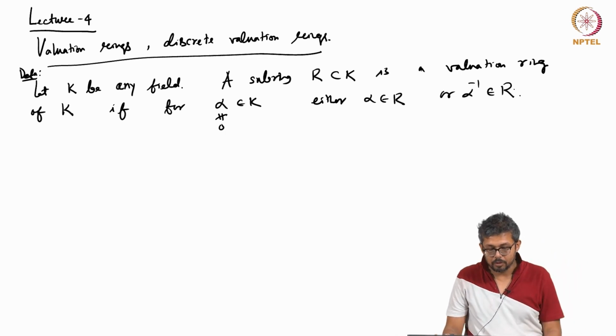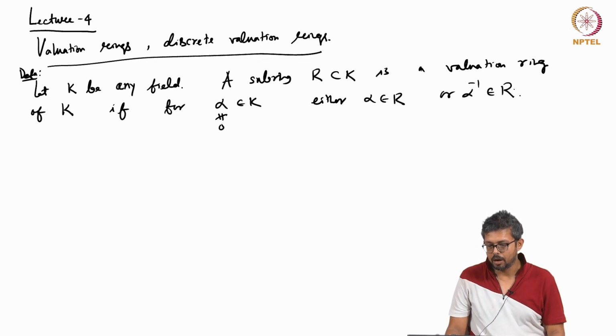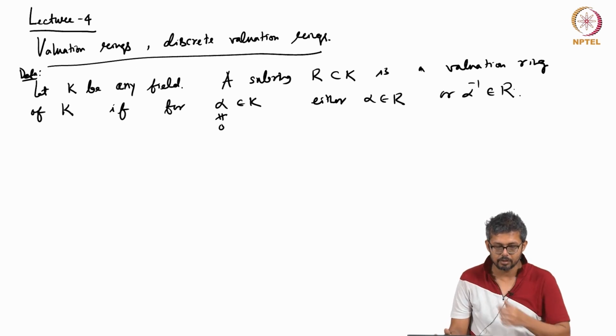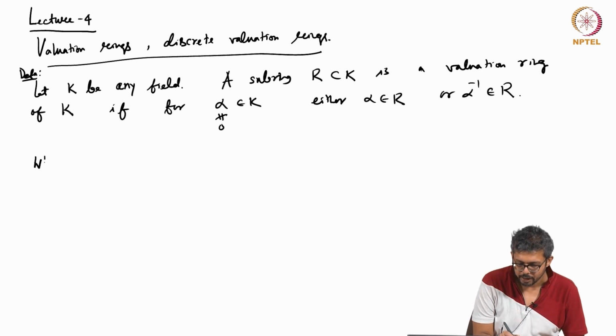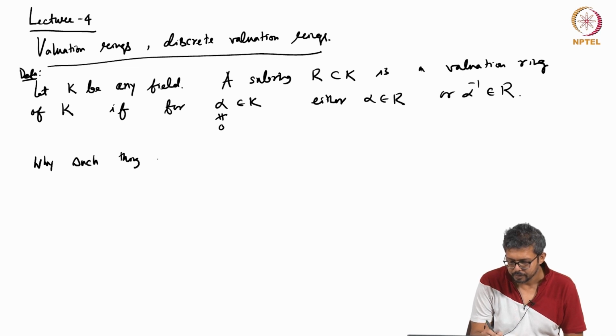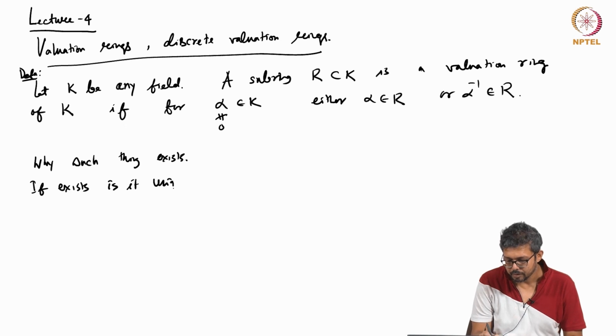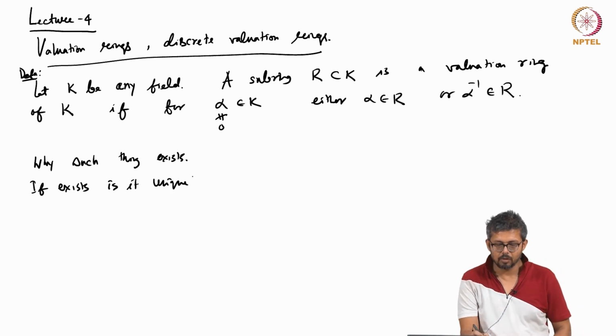Okay, so now there are two things. First of all, why does such a ring exist, and even if it exists, is it unique? So there are two questions. Why does such a thing exist?